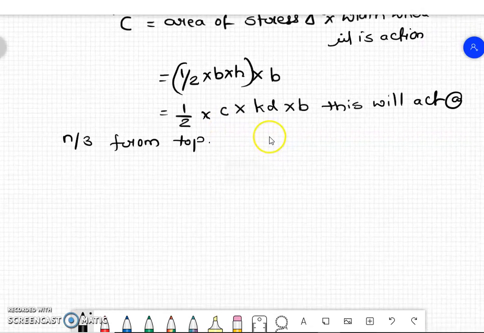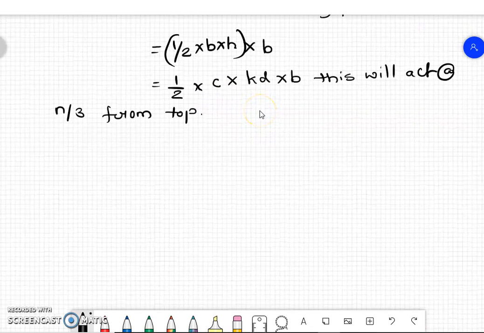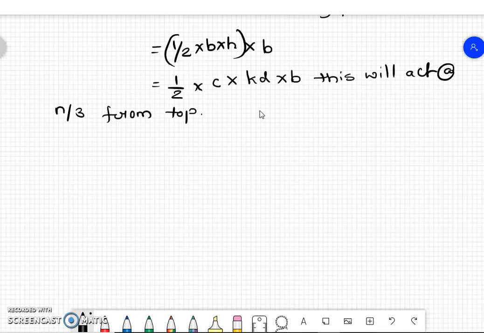Now we'll write what is total tensile force. Total tensile force, that is capital T, is nothing but small t, the tensile stress, and it will act for the entire area of steel.